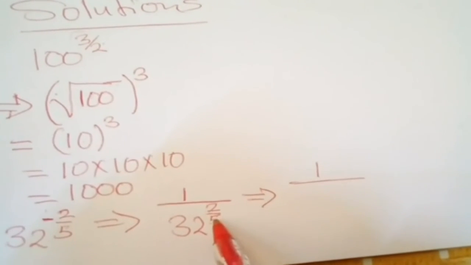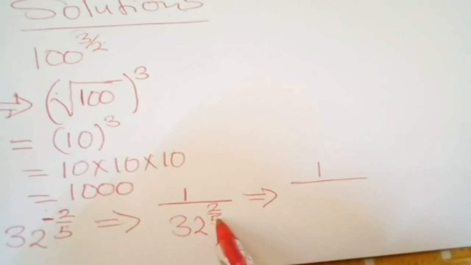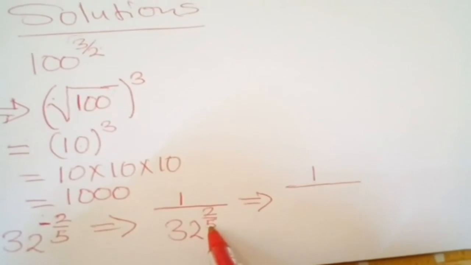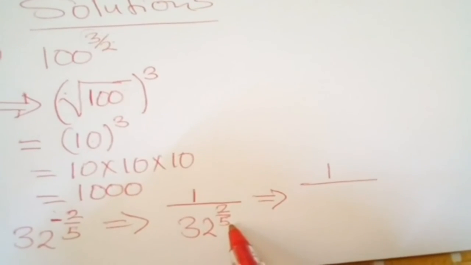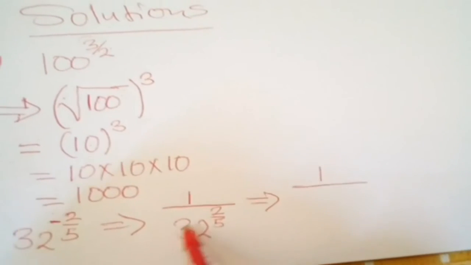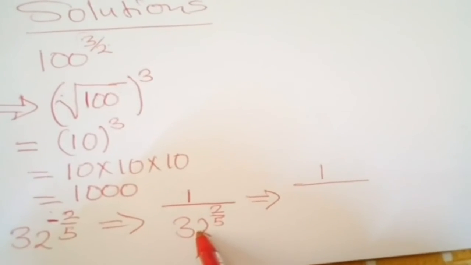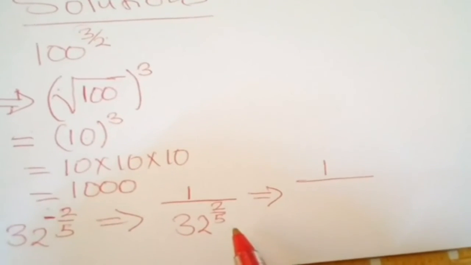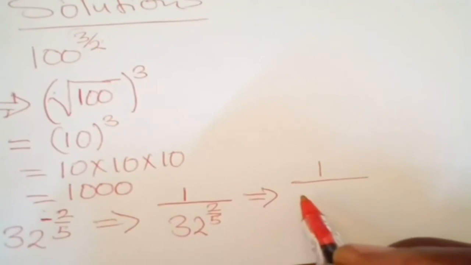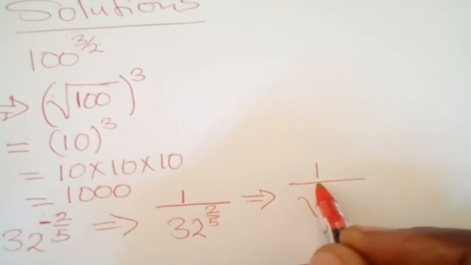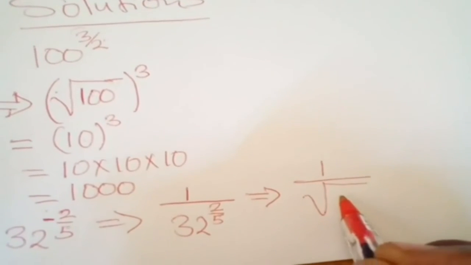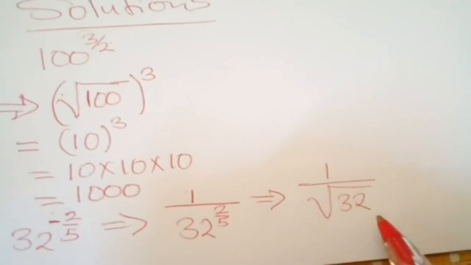we said the denominator of the power symbolizes the operation you're going to do, the type of radical you're going to have. So we are going to have a radical with 32 inside.